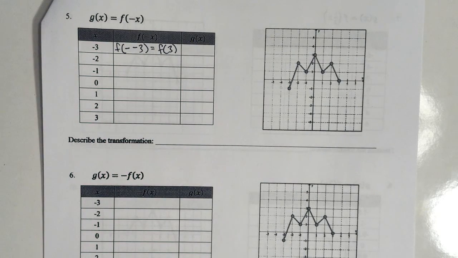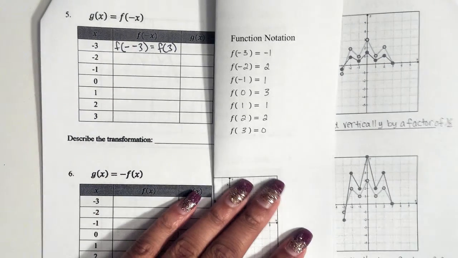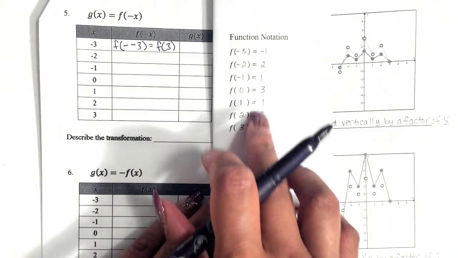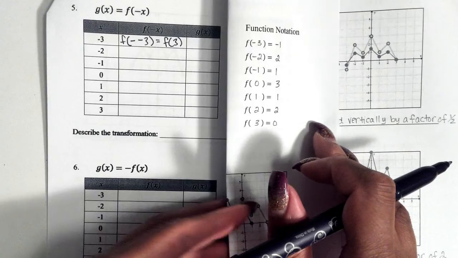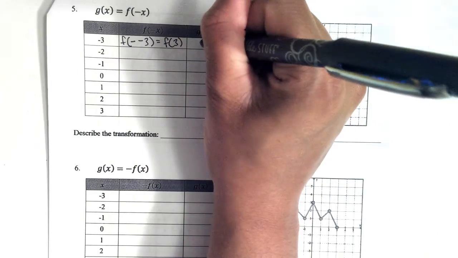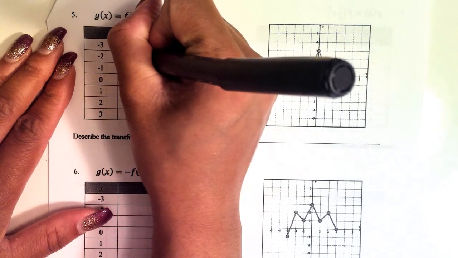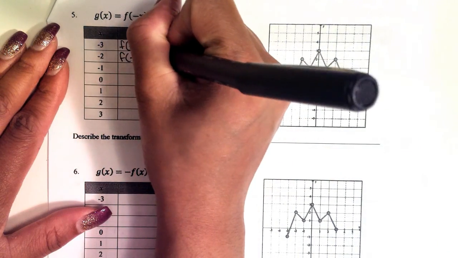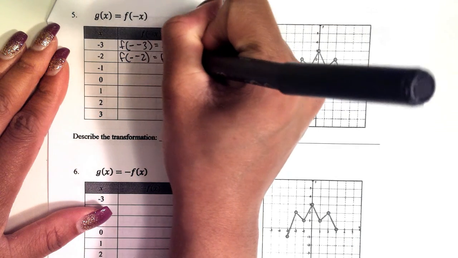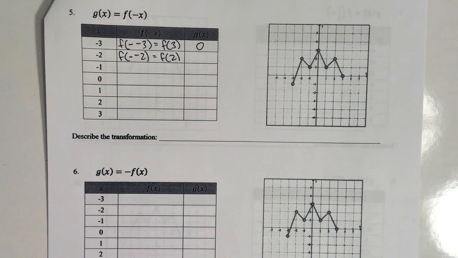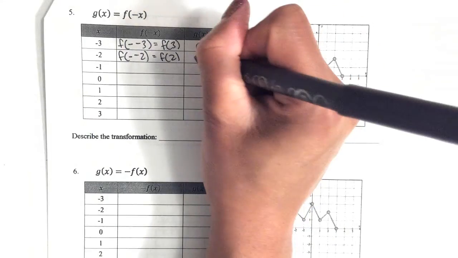And if we were to refer back to our chart, f of 3 is 0. So now we have f of 3 is 0. Okay, so we're going to keep continuing on with this. So I have f of -2, which gives us a positive 2, and f of 2 is 2.